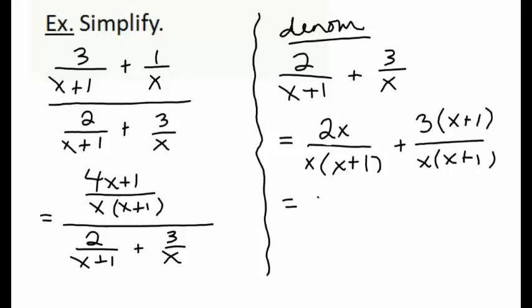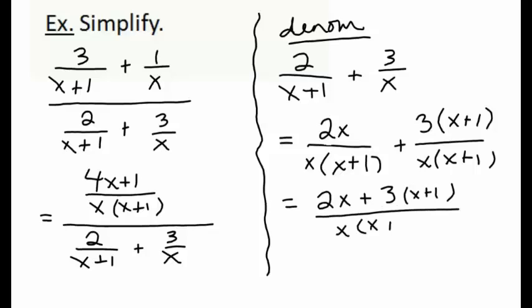Now we have a little bit of work in the numerator to simplify. If we were to distribute through, we should get 3x plus 3. So I'm going to try to do this last step in my head here.